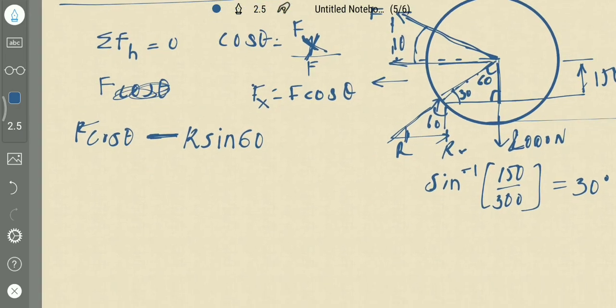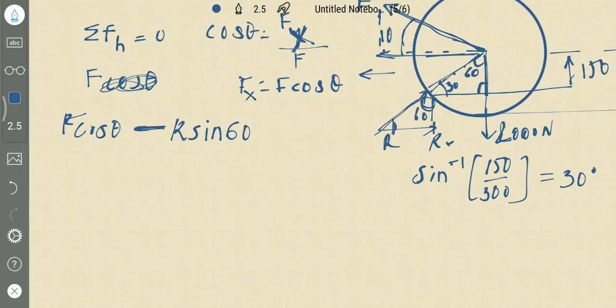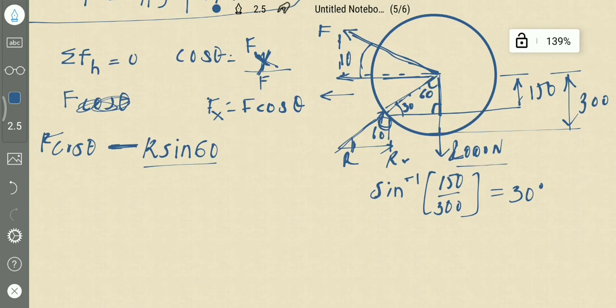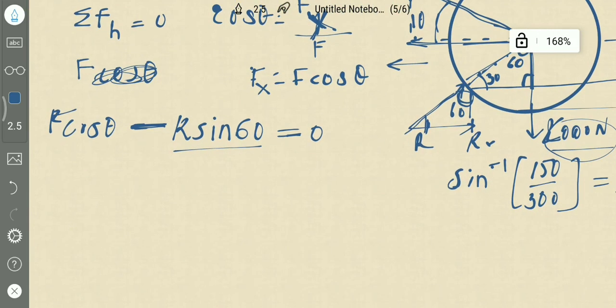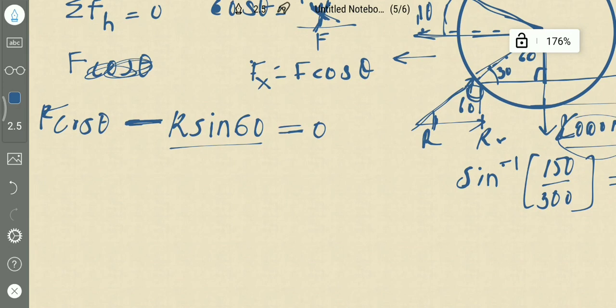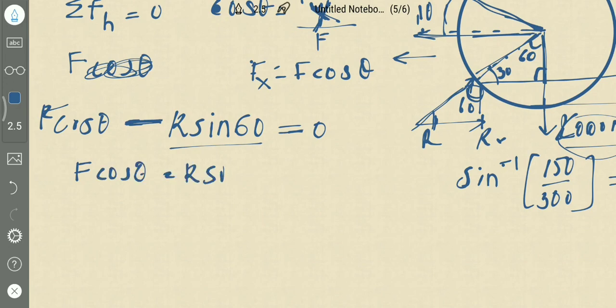If you consider this angle, then it will be R sine 60. And another force is 2000, which is vertical, and the horizontal component of this 2000 newton is 0. So this is 0. Therefore F cos theta is equal to R sine 60, right?